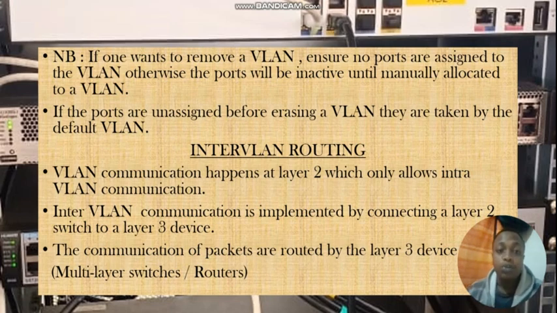And if the ports are unassigned before erasing a VLAN, then they are taken by the default VLAN. So those are two very important concepts, or two things that you need to keep reminding yourself of when you're talking about creating and removing VLANs from switches.